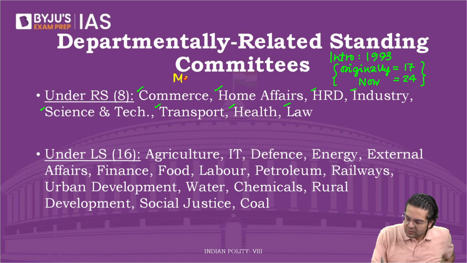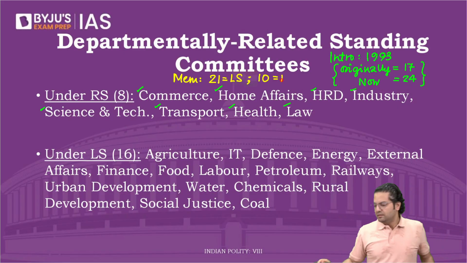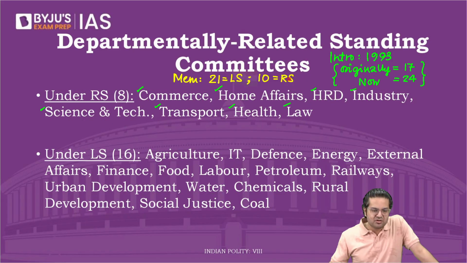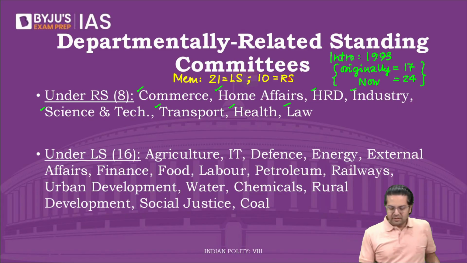And when it comes to membership, 21 members belong to Lok Sabha and 10 belong to Rajya Sabha. This is about the membership of this particular committee, the DRSC, Departmentally Related Standing Committee. So look at this. The names of these committees are like some government ministry only.